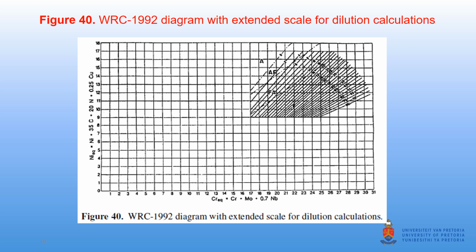Kotecki and Sievert also showed that the axis of the diagram can be extended to predict ferrite numbers for dissimilar metal joints. Figure 40 shows the WRC diagram with extended scale for dilution calculations. Application of this diagram for predicting weld microstructures for dissimilar metals is illustrated in the following example.